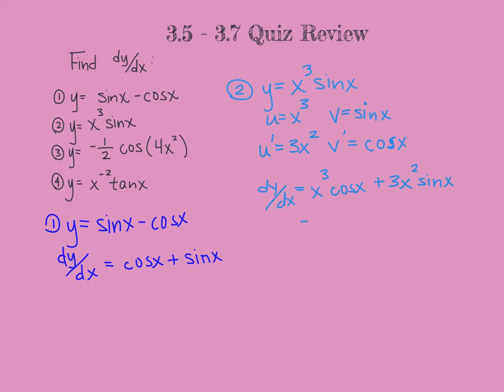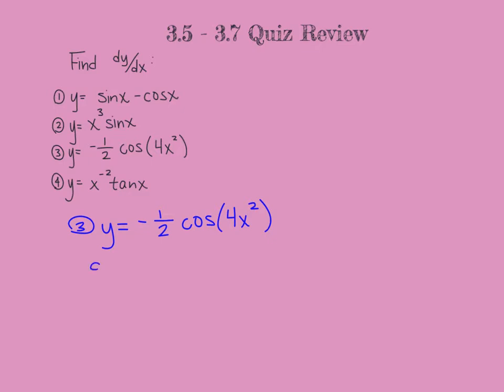On the quiz, if there's matching or multiple choice, things might be factored. So this is an acceptable answer. That is the derivative using the product rule. However, if you are asked to factor, or if something might be written in a factored way, the GCF of those two terms is x squared, and could also be written as x cosine x plus 3 sine of x. So either one is acceptable.